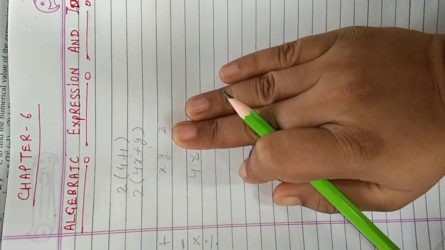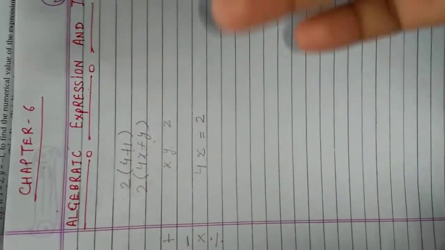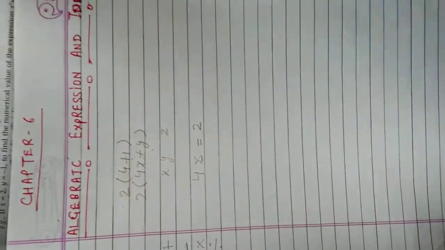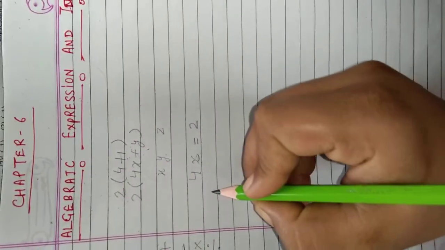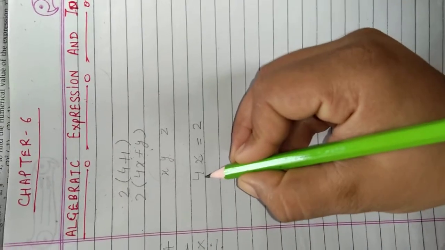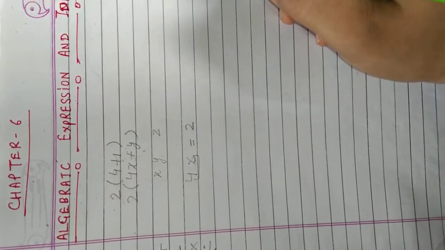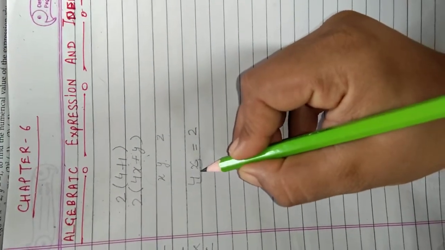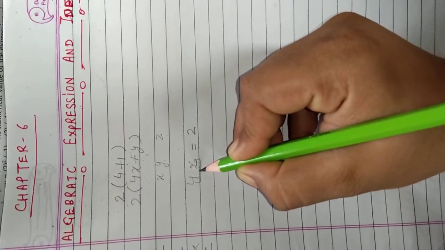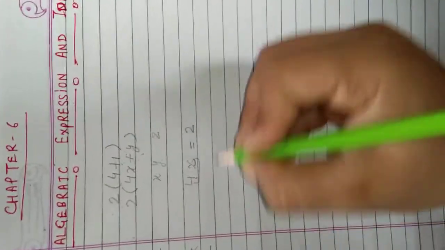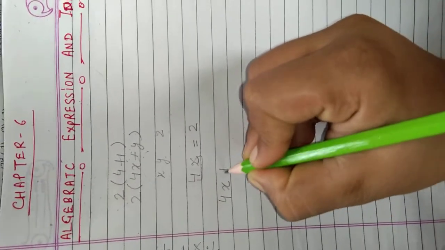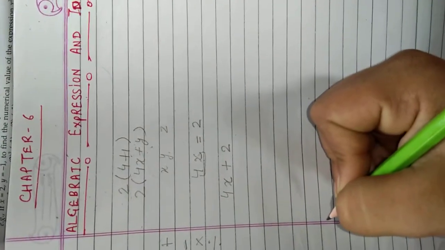So now we will talk about term. What is a term in an algebraic expression? So my dear students, we take here 4x. So it is a term of this expression. And suppose that we write here 4x plus 2.